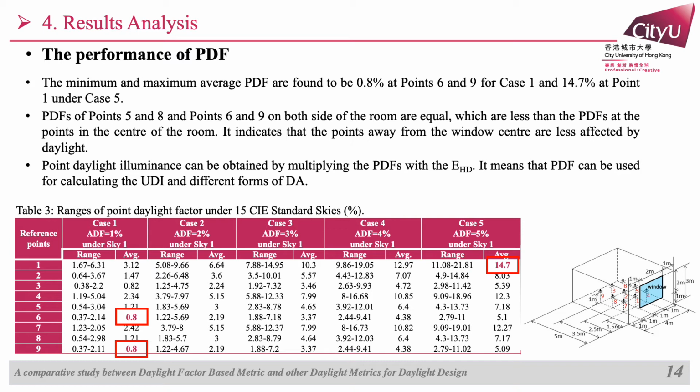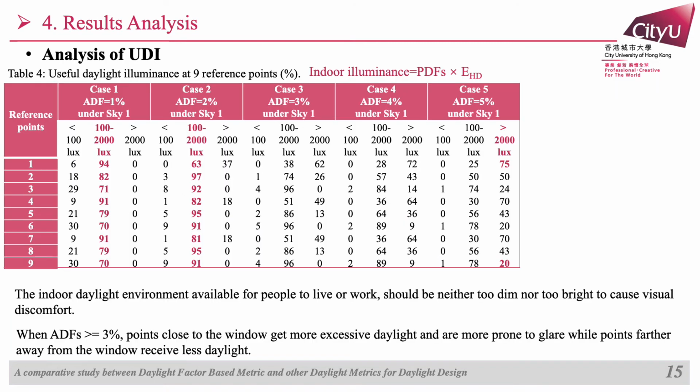Point illuminance can be obtained by multiplying the point daylight factor with the horizontal diffuse luminance. It means that PDF can be used for calculating the UDI and different forms of DA.